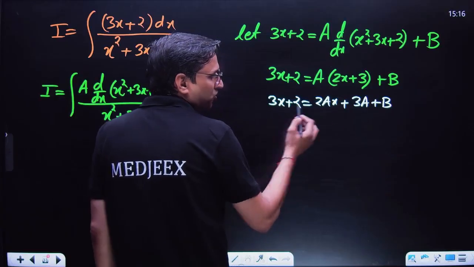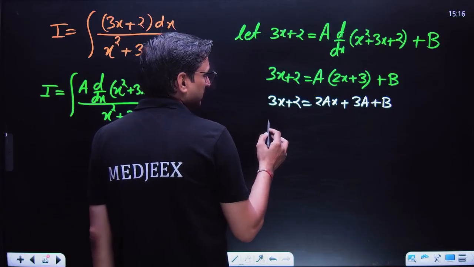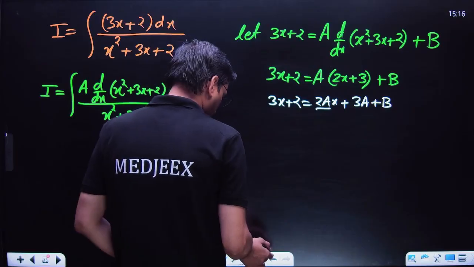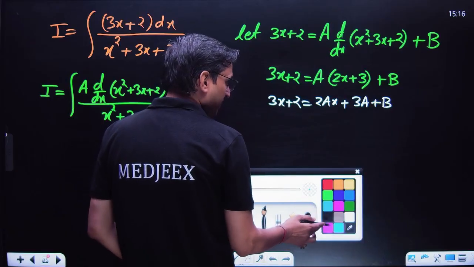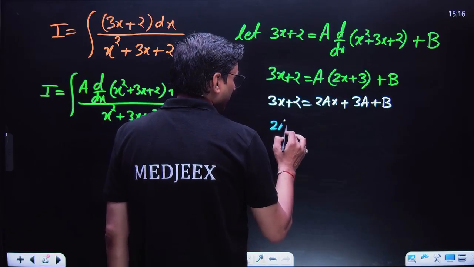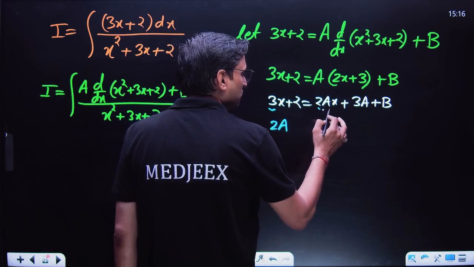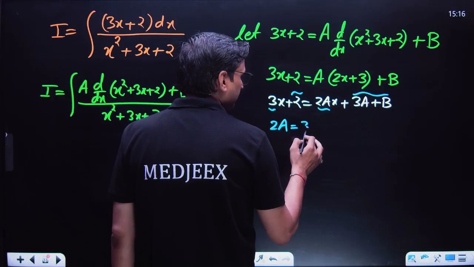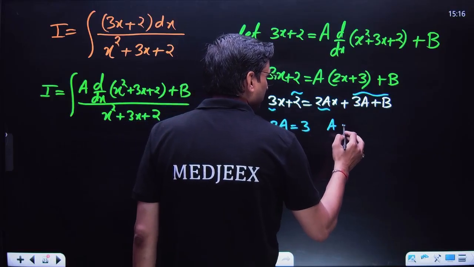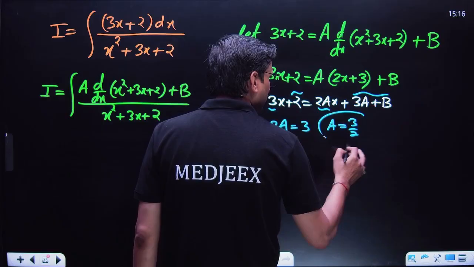Now comparing the coefficients and constant term, 2a is equal to 3, then a will be equal to 3/2. Yes or no?